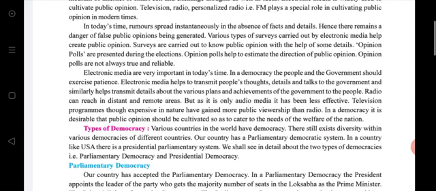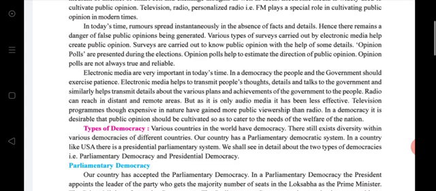So radio can reach distant and remote areas, but as it is only an audio medium, it is less effective. Television is comparatively more effective than radio, because on television you see the picture with information, and in radio only audio media is available. So television programs, though expensive in nature, have gained more public viewership than radio.